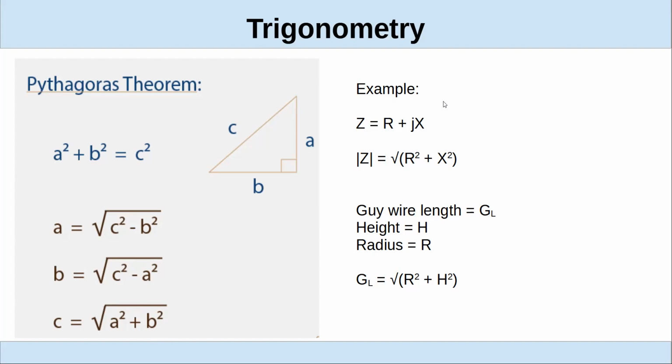An example where you use it is impedance, which is a vector of the actual real resistance plus the reactance, which is imaginary. So we put these on the complex plane.